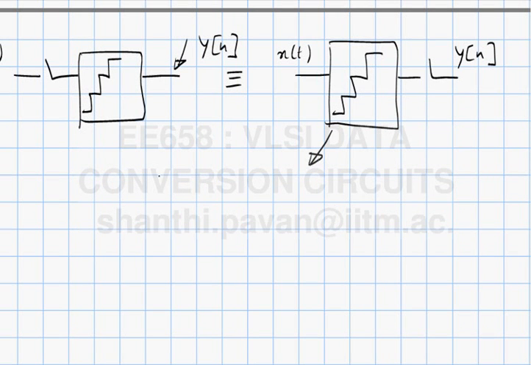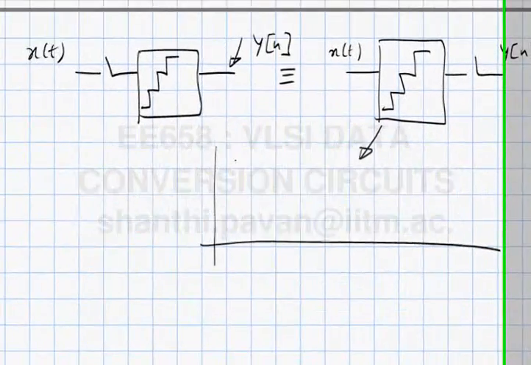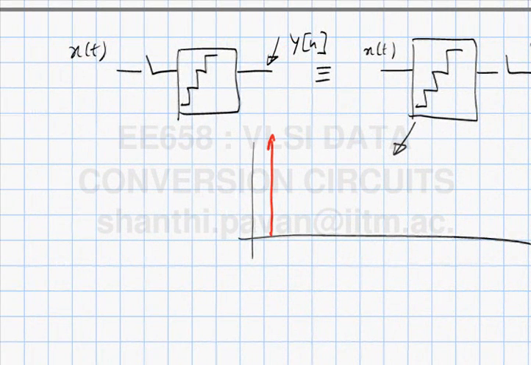We just saw what will happen if I put in an input tone x of t, right? So the spectrum of that will be something like this. If I looked at this waveform here, I will get harmonics.